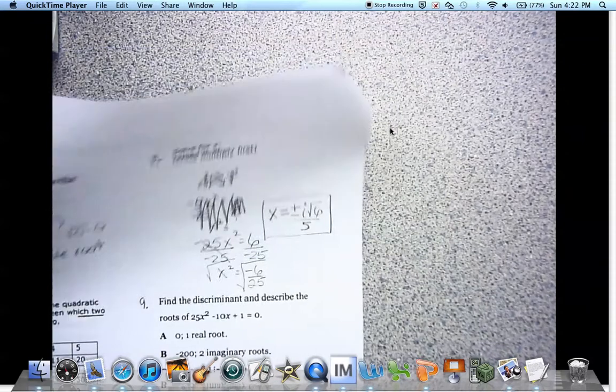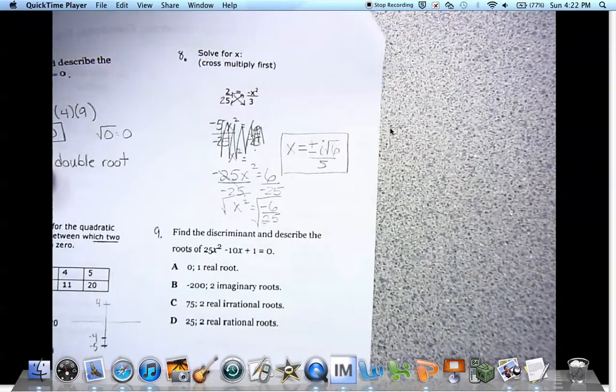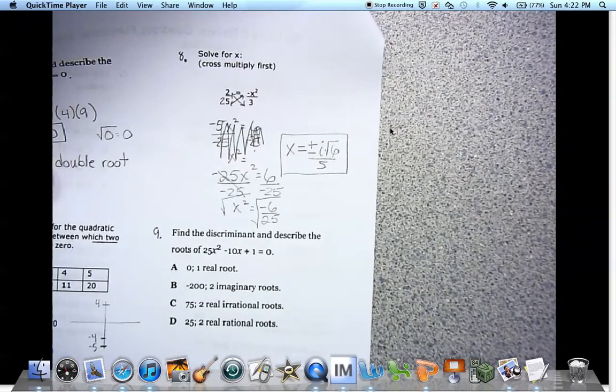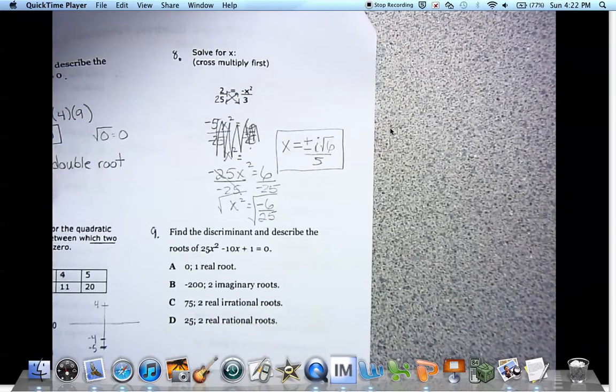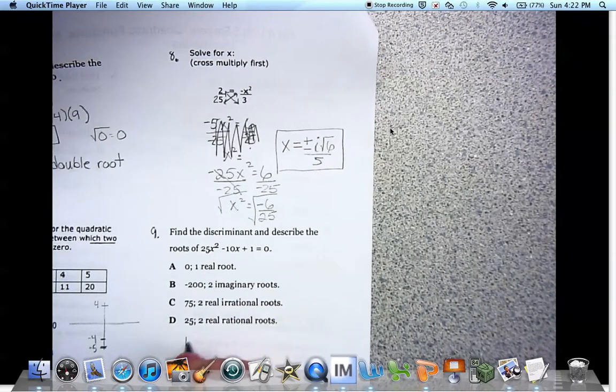Okay, find the discriminant and describe the roots of 25x squared minus 10x plus 1 equals 0. The discriminant, once again, is b squared minus 4ac. So a is 25, b is negative 10, and c is 1.